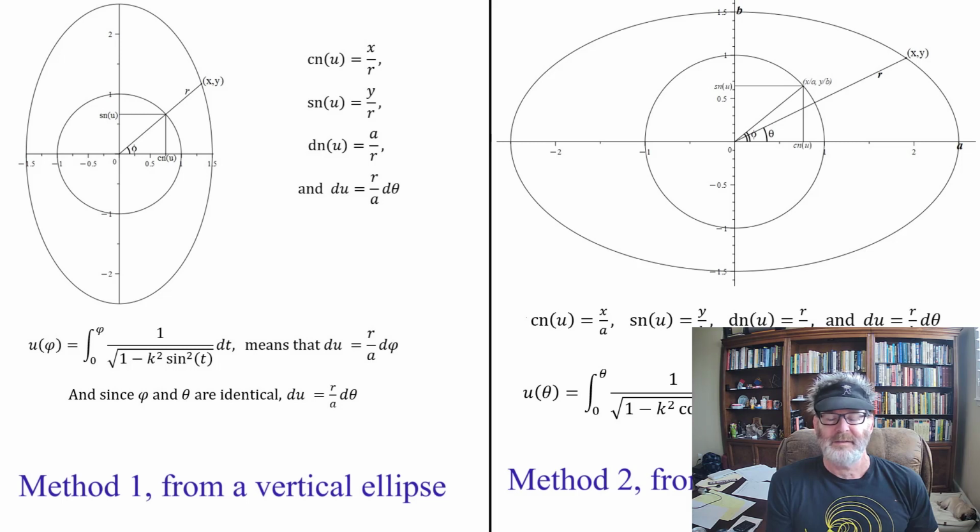All right, I think it's time I wrap up this video and wrap up my ways of generating the Jacobi elliptic functions. There's kind of two main ways from ellipses, vertical, horizontal, and the vertical matches a little better, I think, with the standard definition that you'll see.